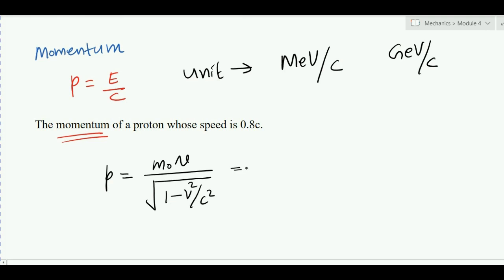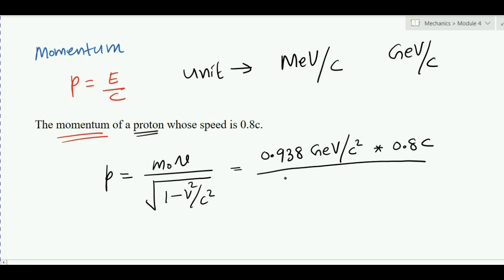Here we can substitute the values. What is m0? We have a proton in hand, so m0 is 0.938 GeV. This is mass, so GeV per c square. Now the velocity is given by 0.8 c.